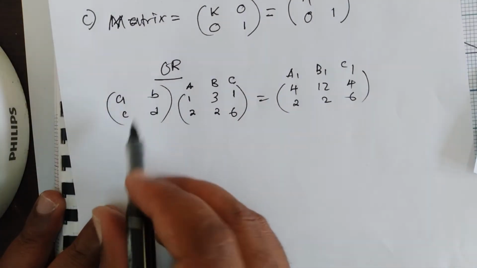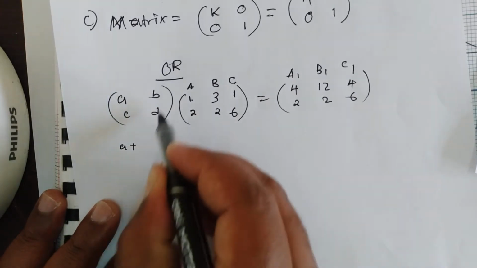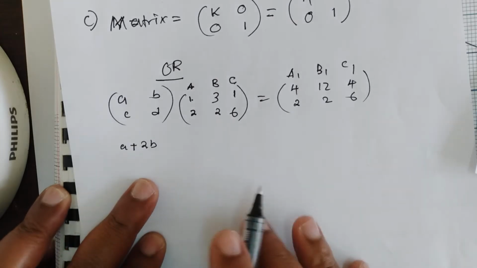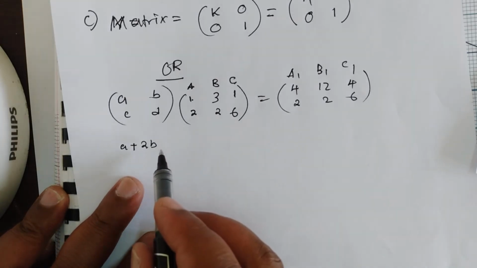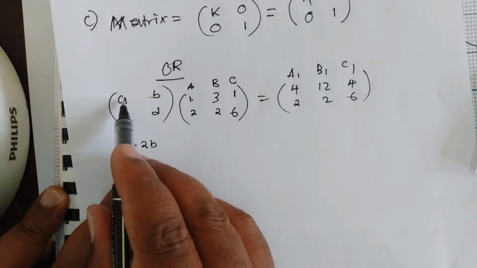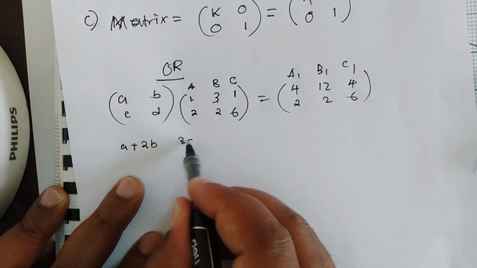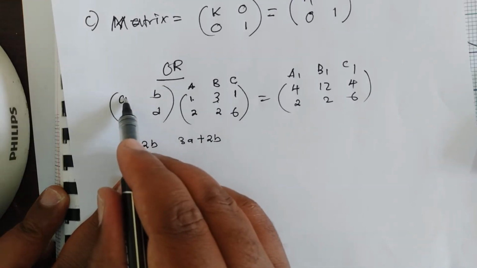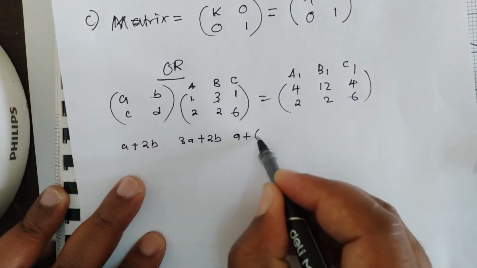So we are multiplying A by 1, so it will be A plus, this by that, you get 2B. Then you can say A by 3, you have 3A plus, this by that, 2B. Then A by that one, you have got A plus, this by that, 6B.